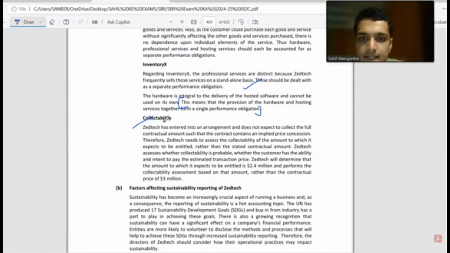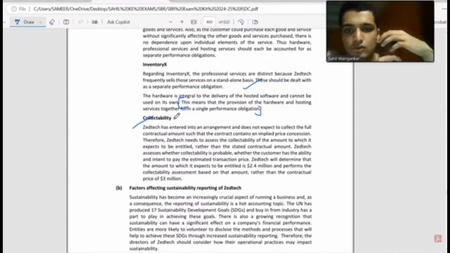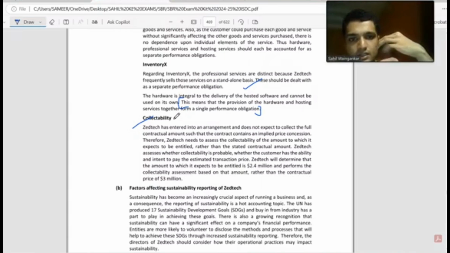Collectability. Zedtech has entered into an arrangement and does not expect to collect the full contractual amount such that the contract contains an implied price concession. Therefore, Zedtech needs to assess the collectability of the amount to which it expects to be entitled rather than the stated contractual amount.